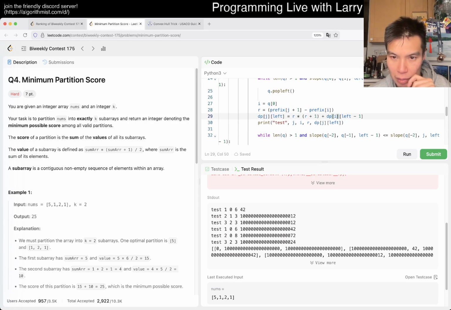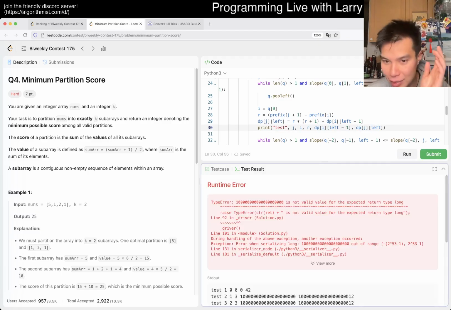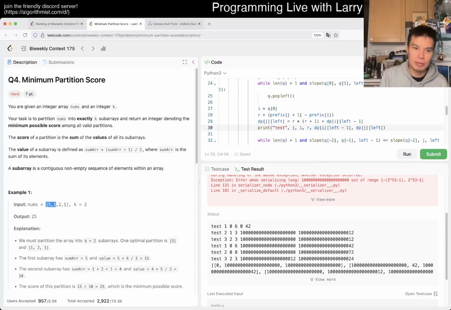If minus 1, okay, fine. Oh, I forgot that I multiply it by 2. Oh, well, yeah, okay, 42 makes sense actually. Okay, so 42 because it is 6, right? I mean, I'm off by 1, so that's already not a great start.